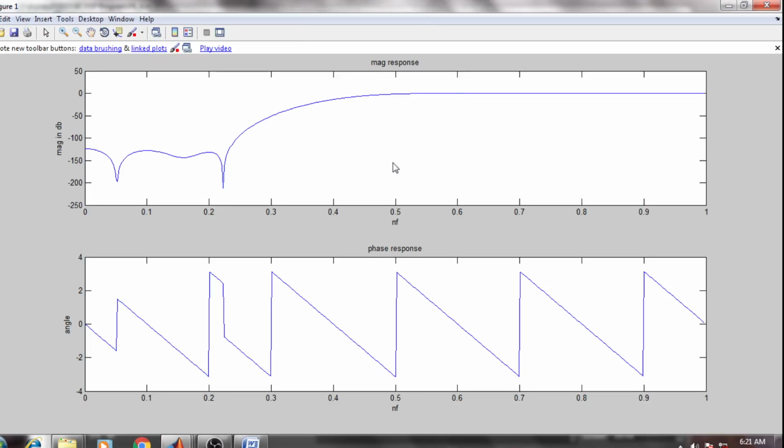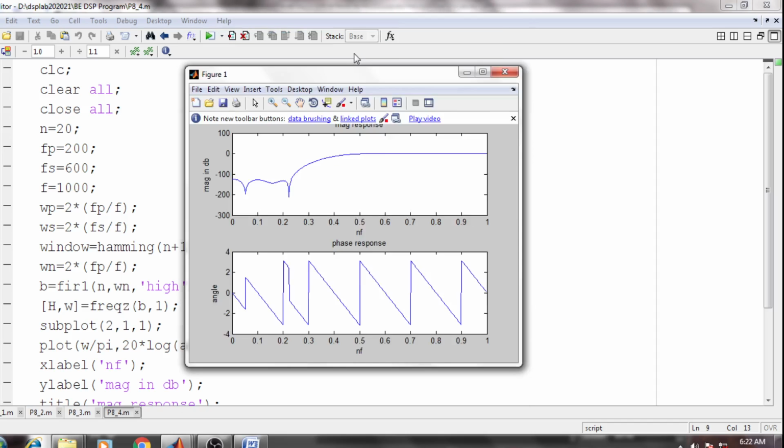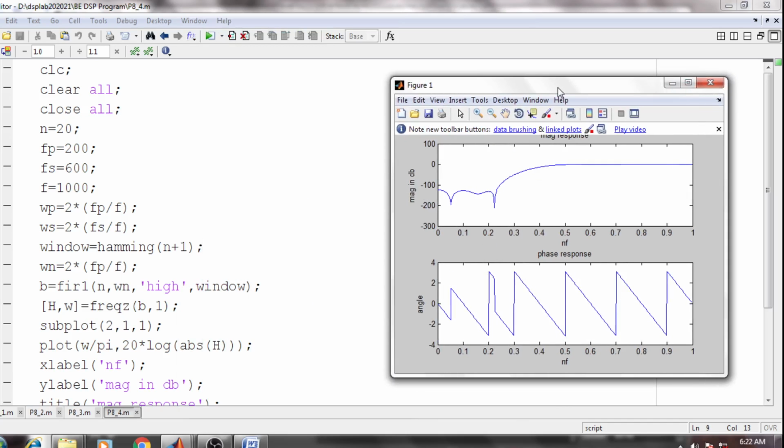Near about 400 hertz is the pass band and stop band separation, so below 400 it is a stop band and after 400 it is a pass band. You can see it is very clearly represented at 400 hertz. Above 400 you will find higher spikes, and below 400 lower spikes. So these things are enough for your understanding.